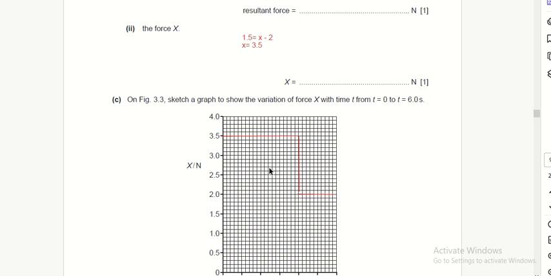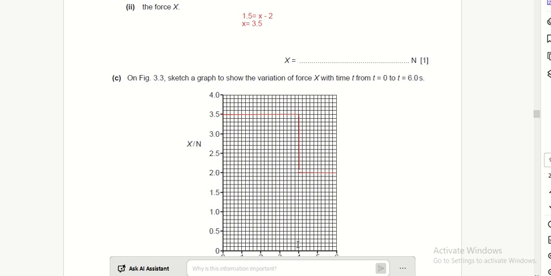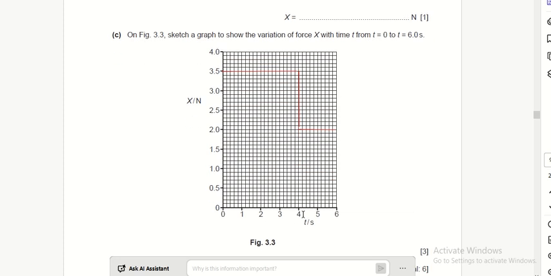Sketch a graph for force with time. So we will certainly have some change around the 4-second time point. Before the 4 seconds, as we saw, there is a resultant force, which means that force X, the driving force, is greater than the frictional force.